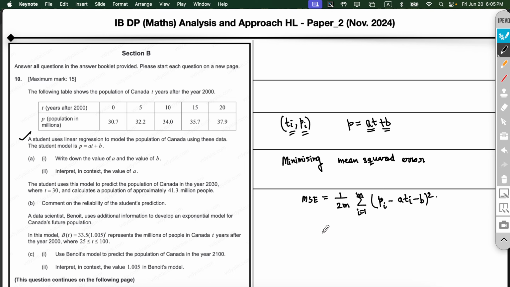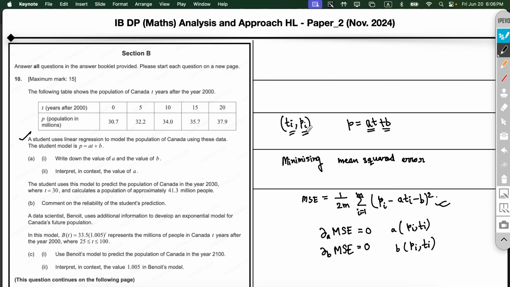If you take the derivative of the MSE with respect to A, and the derivative with respect to B, and set them to 0, that will give the values of A and B that would minimize the mean squared error. That would give A as a function of Pi and Ti, and B as a function of Pi and Ti.